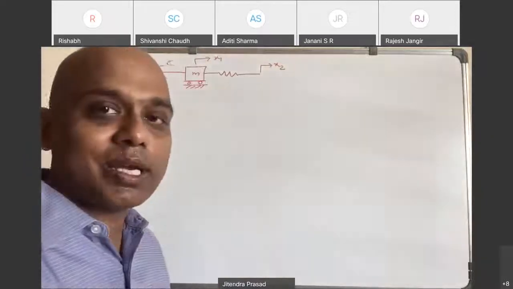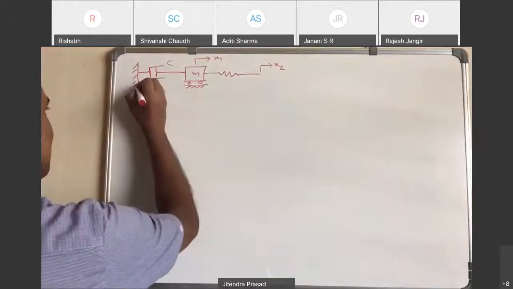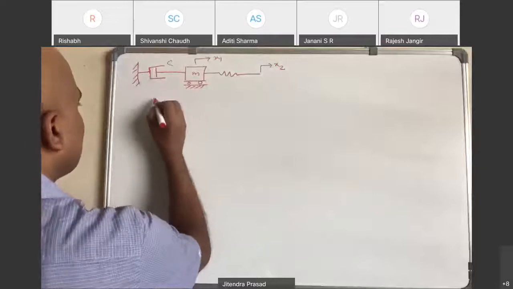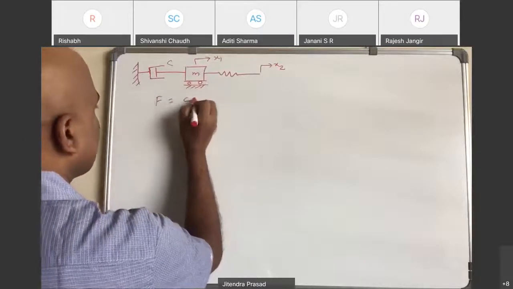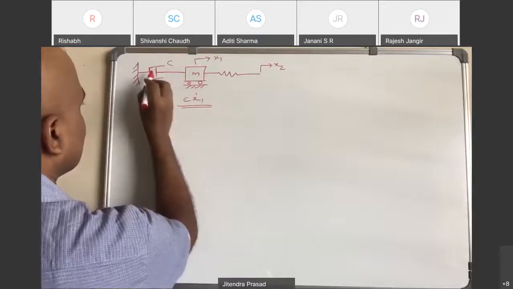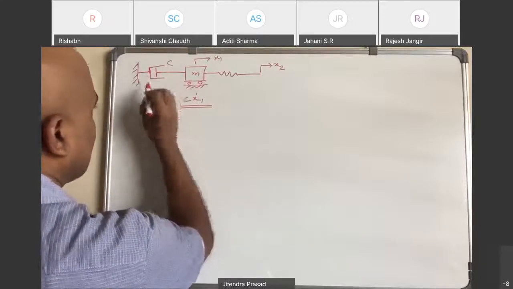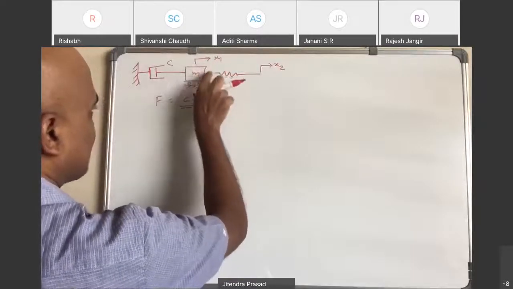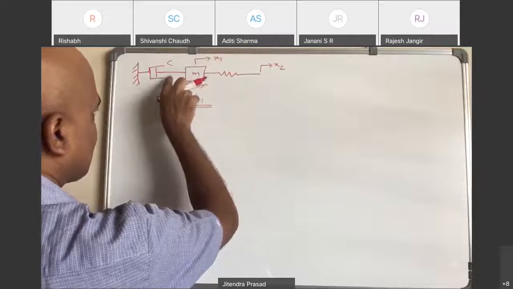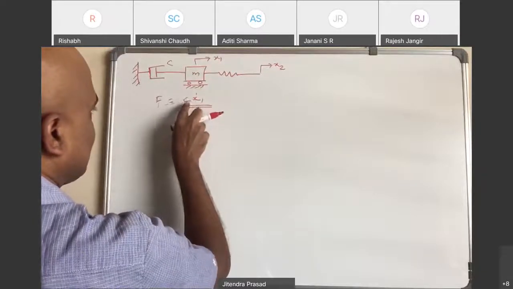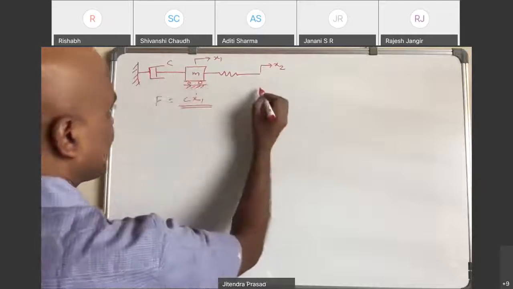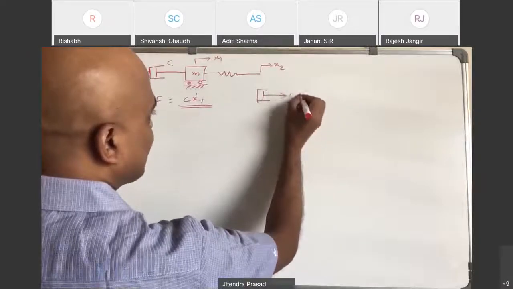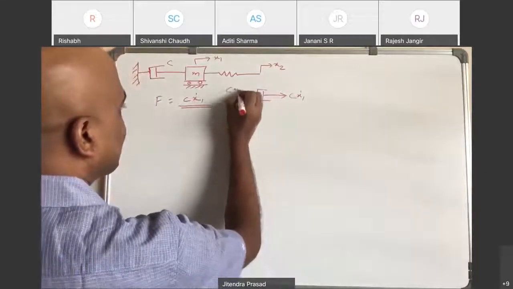So how to find the force? The force will simply be F equal to c x1 dot. If the mass has the velocity x1 dot, then the opposing force will be c x1 dot, and on both sides it will be c x1 dot only.